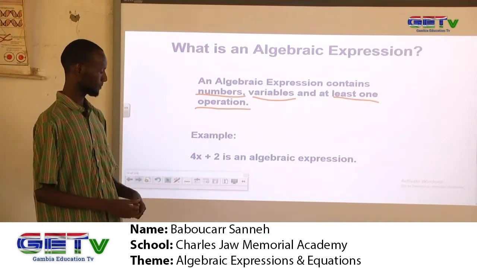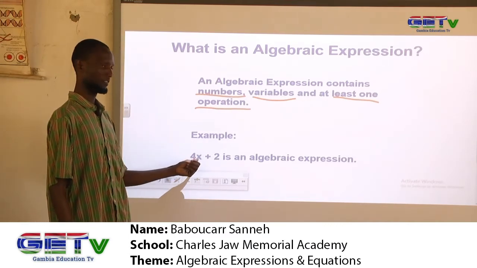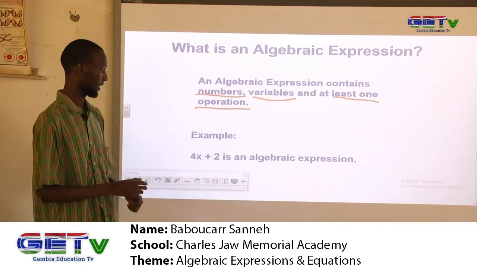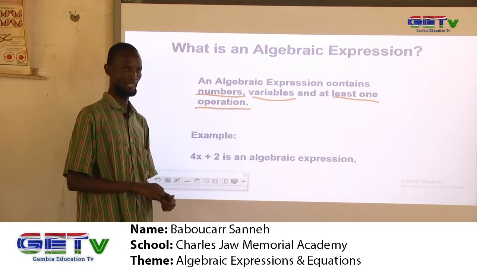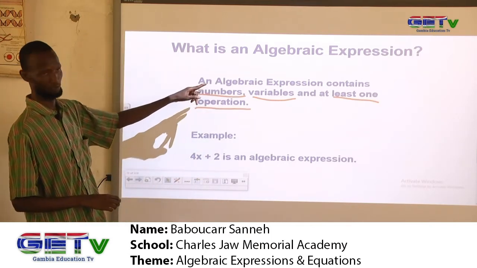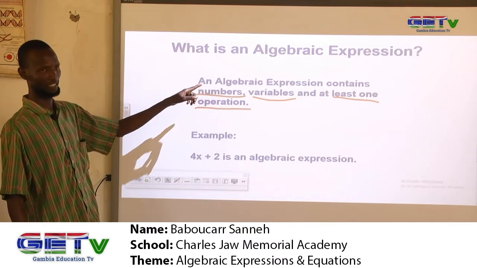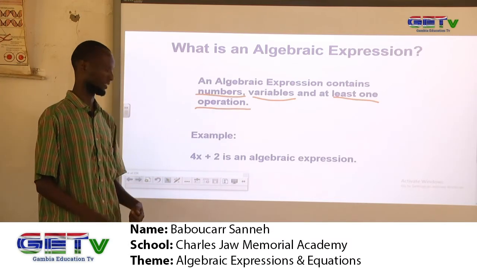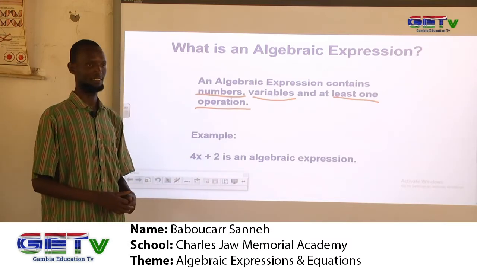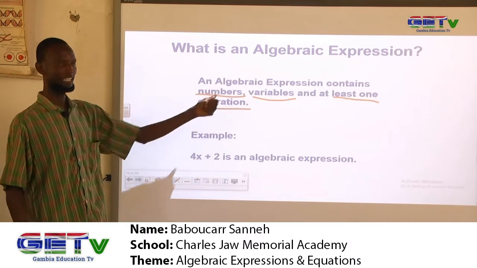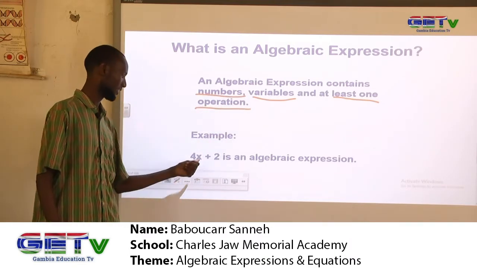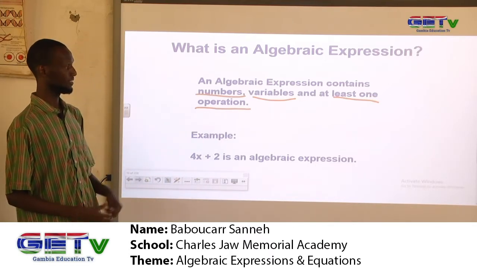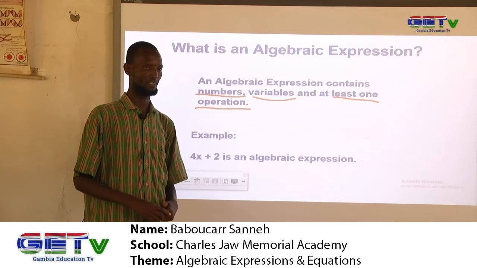Now, here's an example. 4x plus 2 is an algebraic expression. Let's look at that carefully and see if it qualifies based on what we have said before. Does it have all the characteristics? Does it have numbers? Yes, we have 2 numbers there. Is there any variable there? Yes, there's an x there. Do we have any operation there?